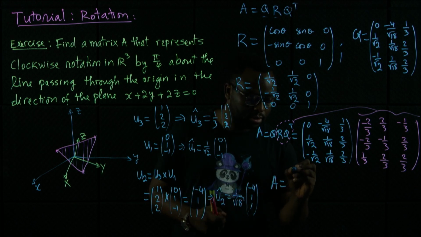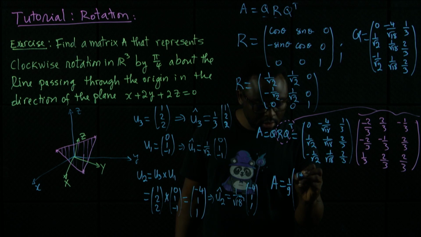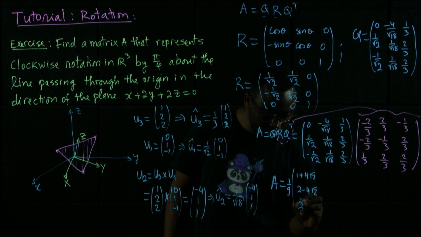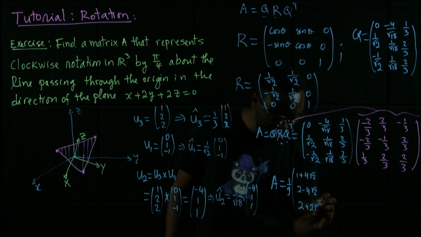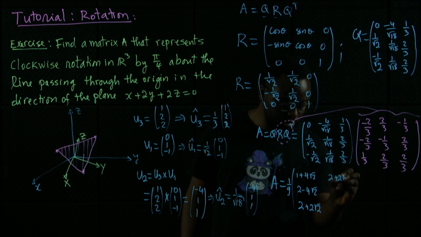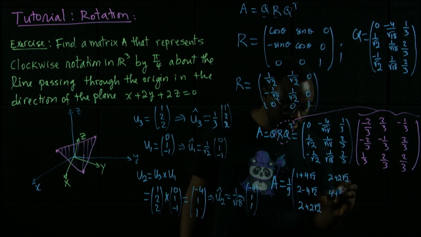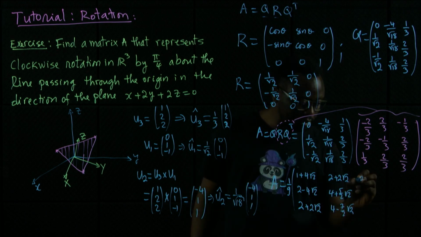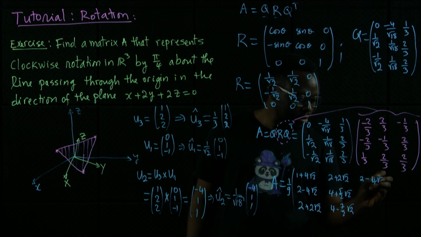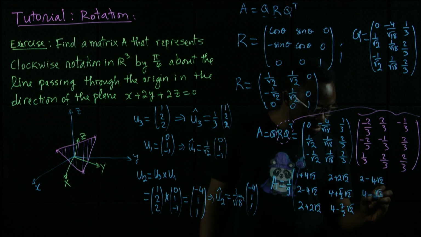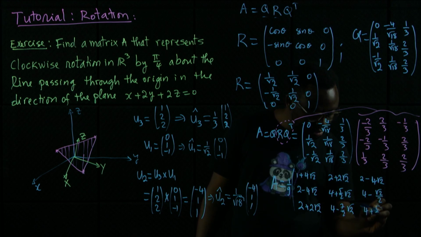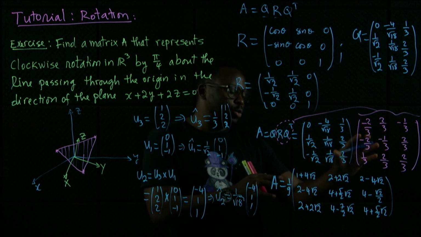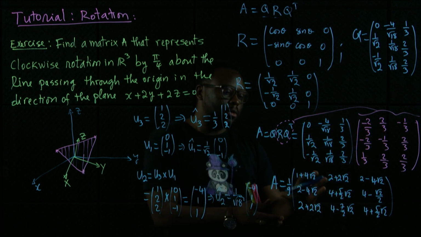A is equal to 1 over 9 times this matrix. This is the matrix A.